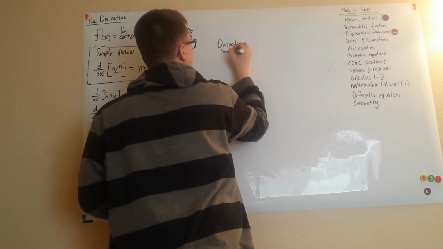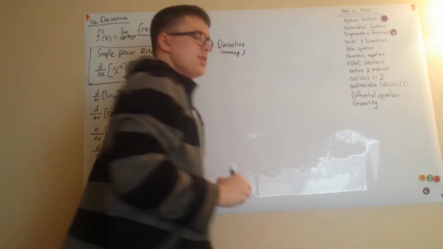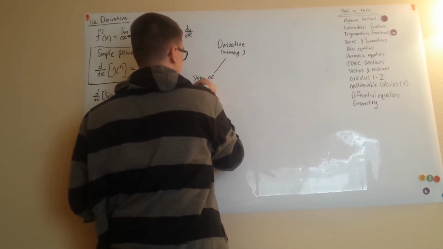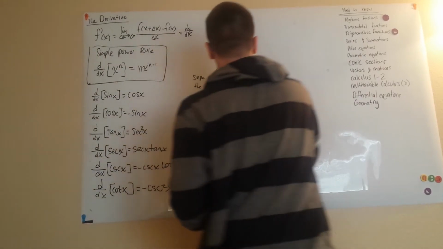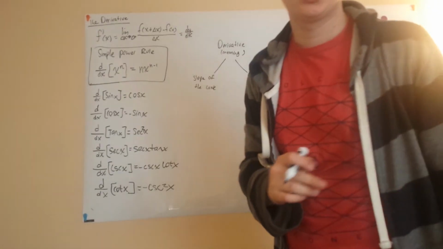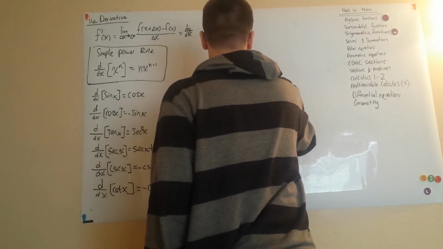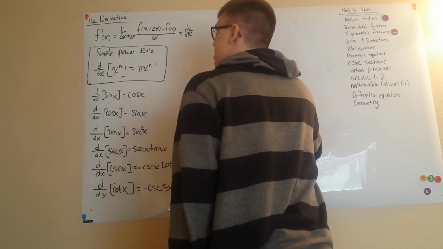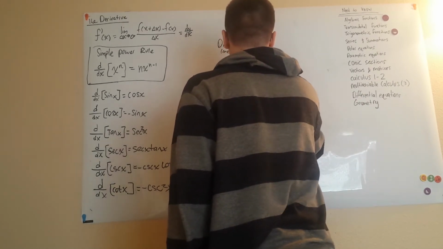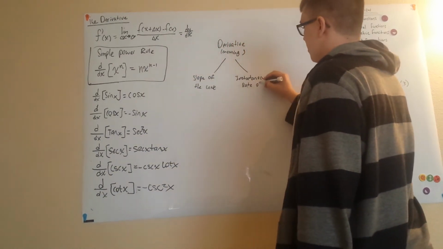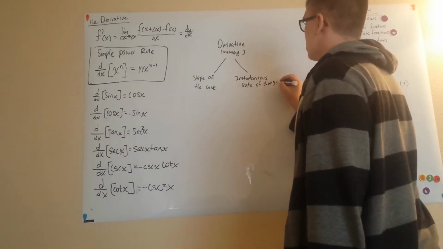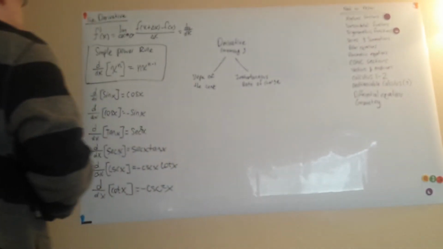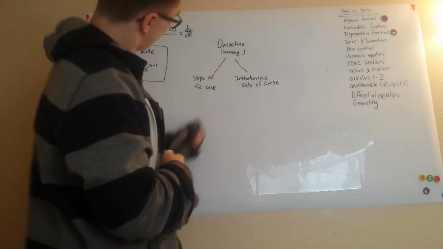It means one thing: slope of the curve. The other meaning is instantaneous rate of change. It has two meanings. Instantaneous rate of change, and slope of the curve.